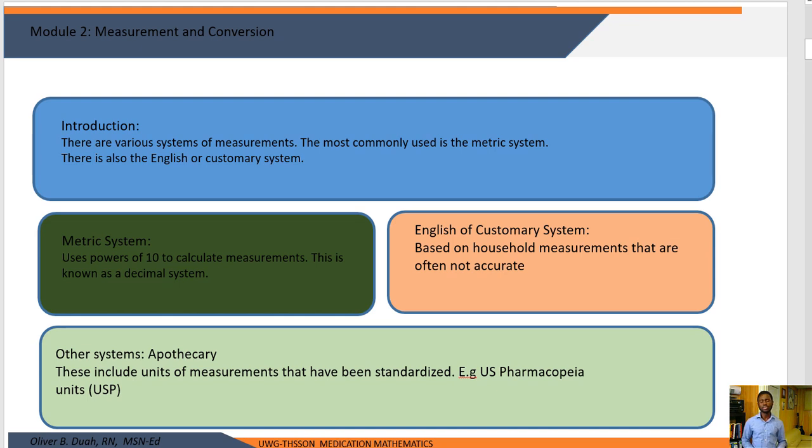The good thing about the units is these are standardized, and therefore you do not have to convert from the unit to any other forms of measurement. And so 1 unit of insulin is always going to be 1 unit.